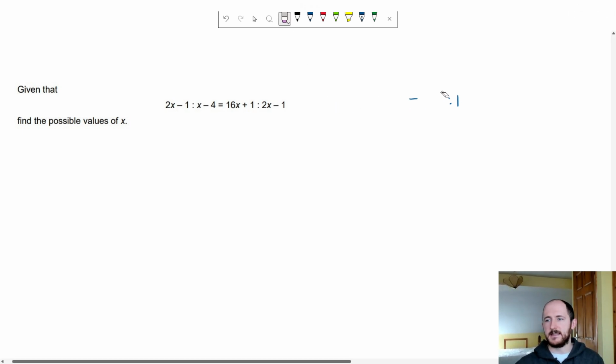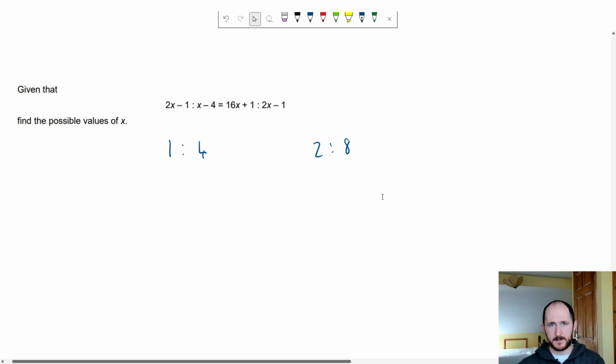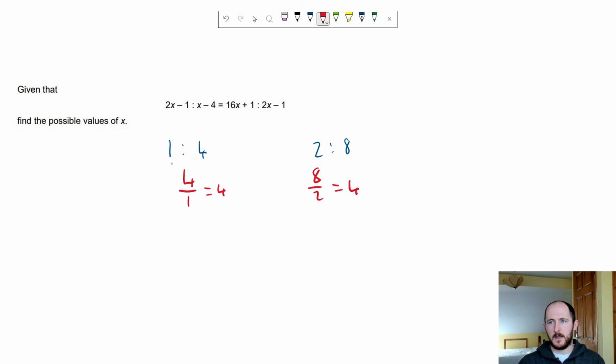Now here is the deal. I'm going to give you two equivalent ratios quickly. Hopefully we can all agree that these ratios are equivalent. Look what happens when I divide the right number by the left number for both of them. I get the same value.